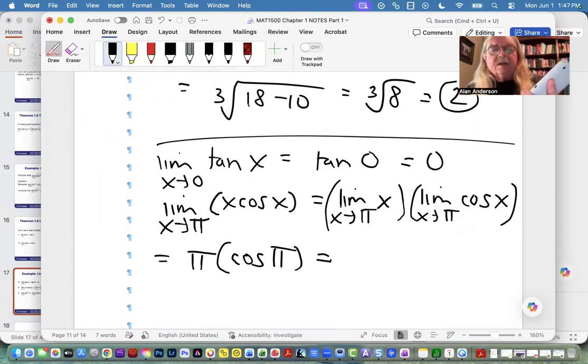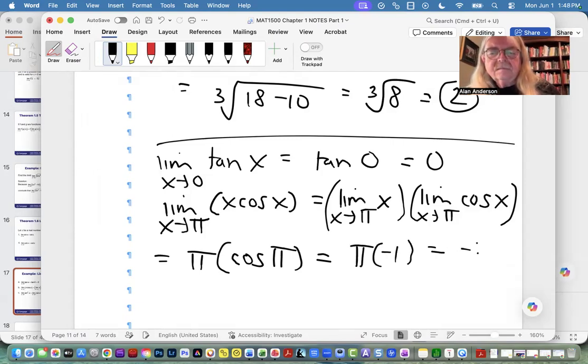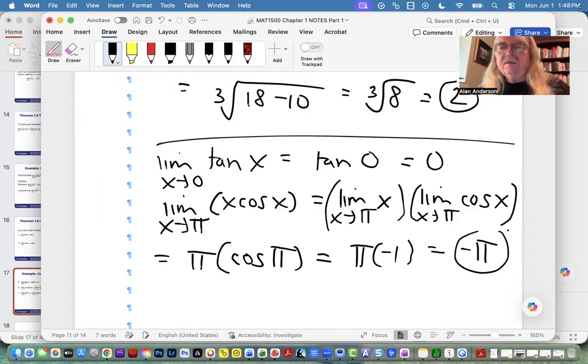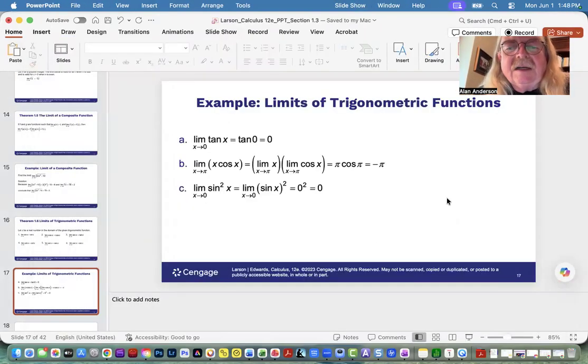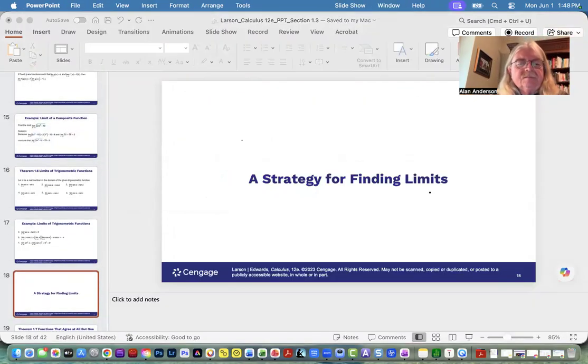The second one is cosine pi, which is -1. Well, that was easy. Well, not really.